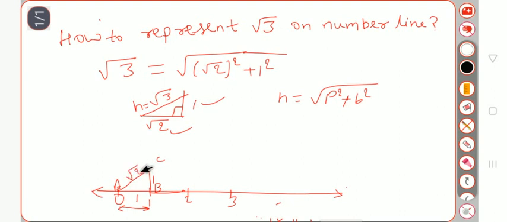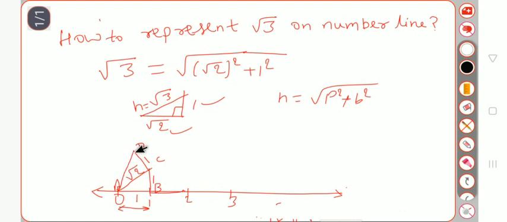I explained this thing in last videos. You can go on my channel and you can see. I will give the link of that video in this video. So this is root 2. Now we have to make root 2 as base and we have to take 1 unit perpendicular. So take here 1 unit perpendicular. So this is 1 unit. Suppose this point is D. So what is AD? AD will represent hypotenuse.